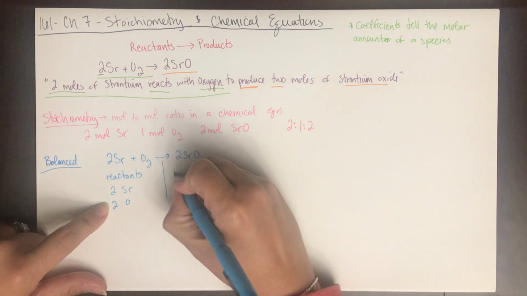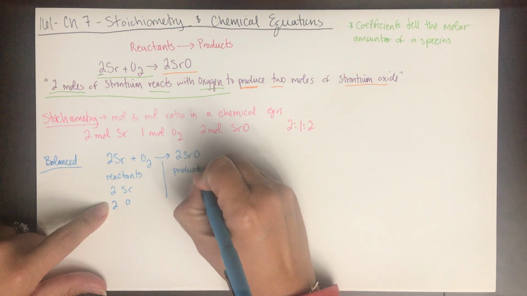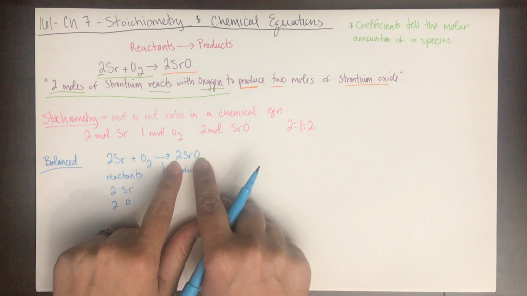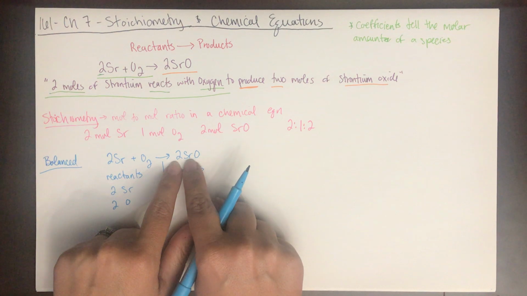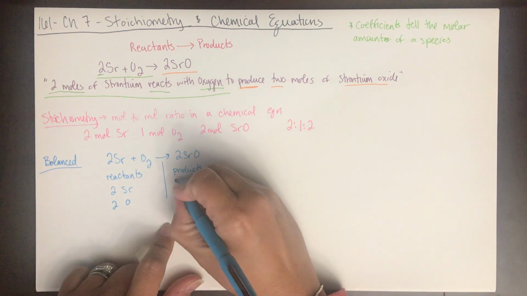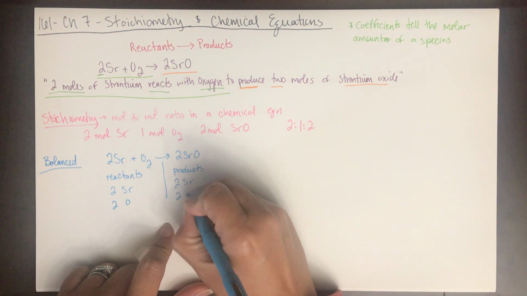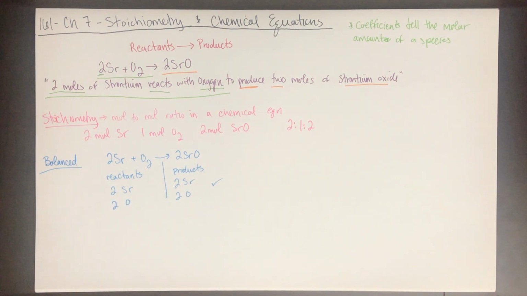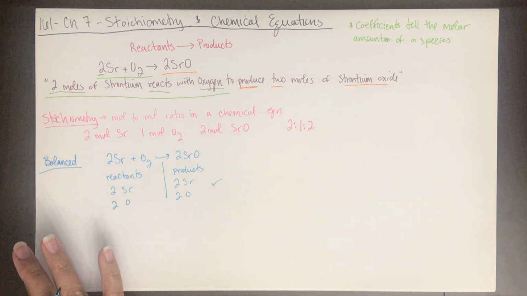On the product side, this coefficient at the beginning means it applies to everything afterwards. So this compound, strontium oxide, means I have 2 strontiums and 2 oxygens. So this is balanced because I have the same number of atoms of all of the elements on both sides of the arrow. This is important.